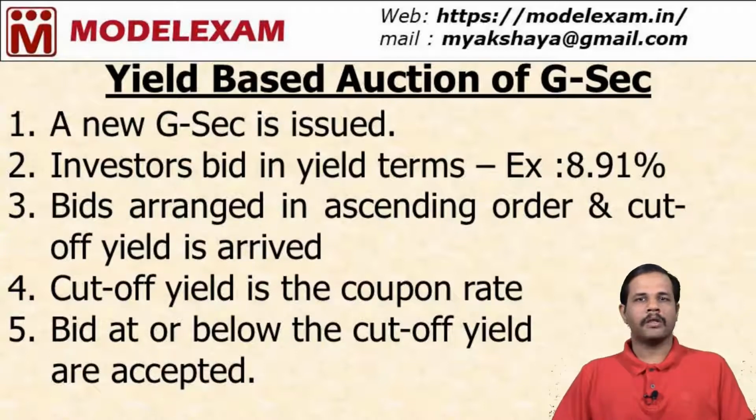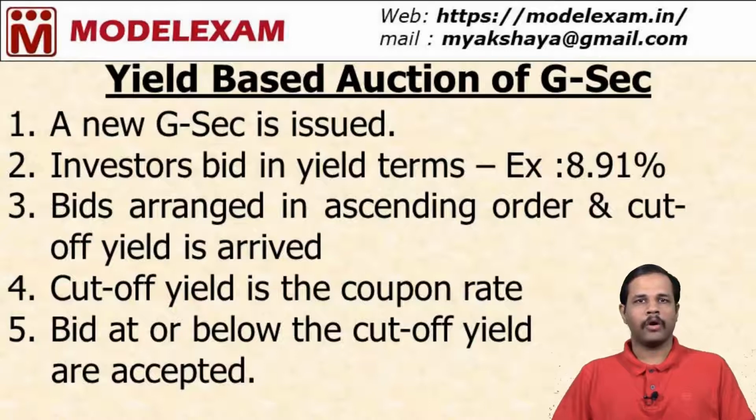Likewise, here the bids are arranged in ascending order and the cutoff yield is arrived at. Why are bids arranged in ascending order of yields? Because, as you know, government securities are nothing but a kind of loan, isn't it? So government is the borrower and we are lenders.